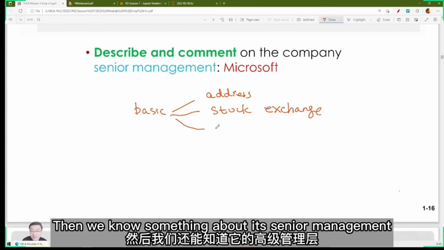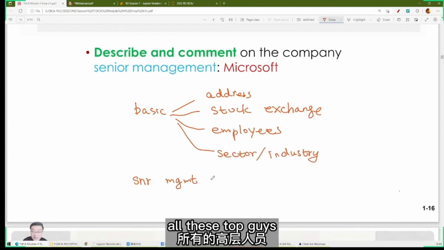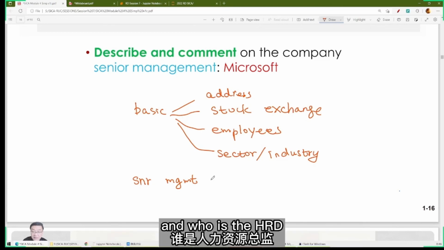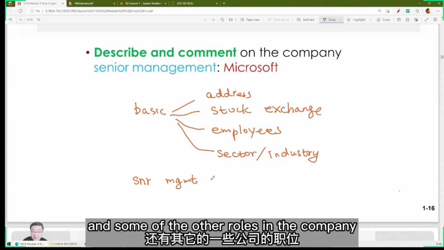Then we know something about its senior management. All these top guys, such as who is the CEO, and who is the CFO, and who is the HRD, and some of the other roles in the company.